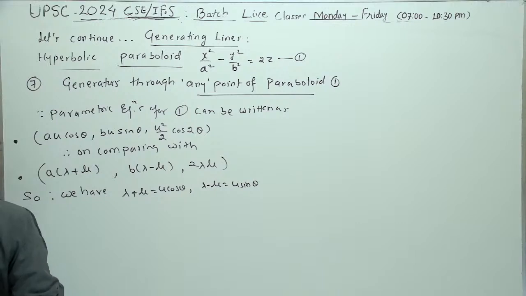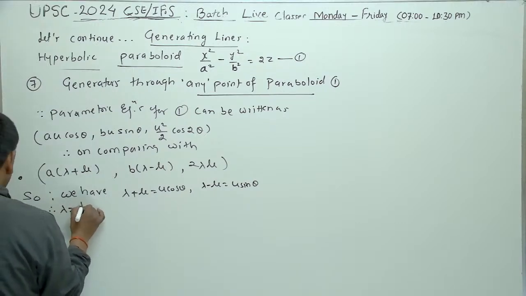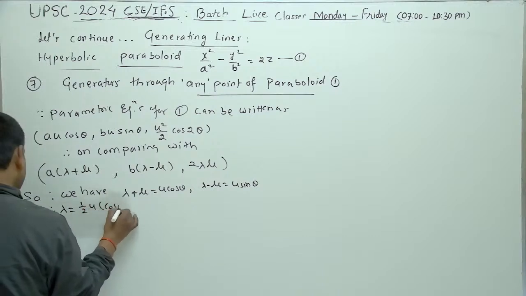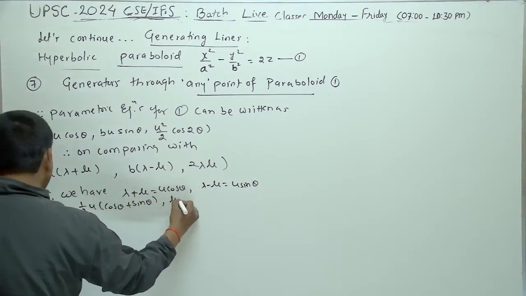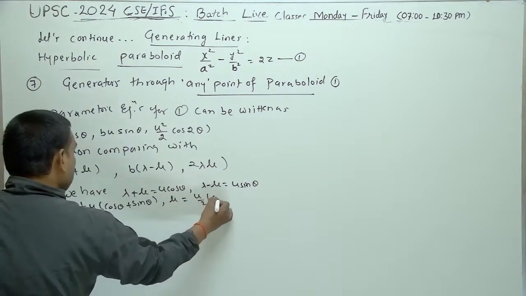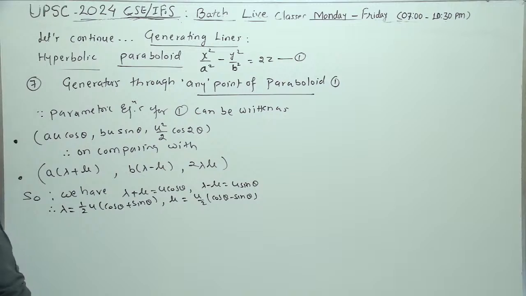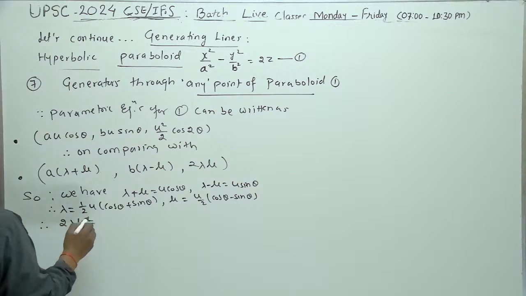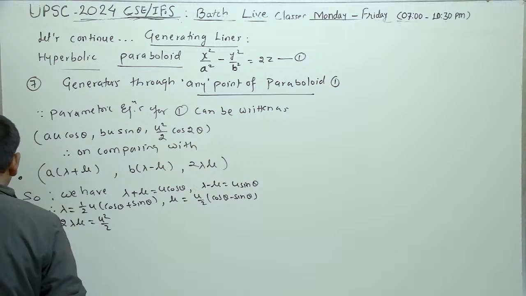So from here we can get lambda and mu. Lambda we can have 1 upon 2 u into cos theta plus sin theta, and mu we can have u by 2 into cos theta minus sin theta. So lambda and mu. So 2 lambda mu, that is the z component, is u square by 2.